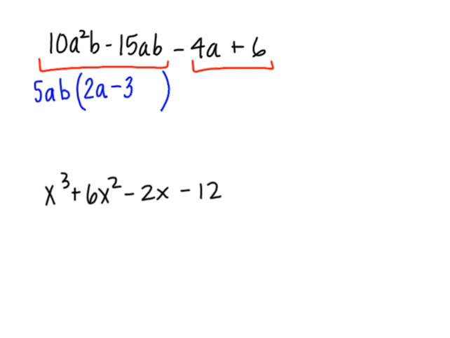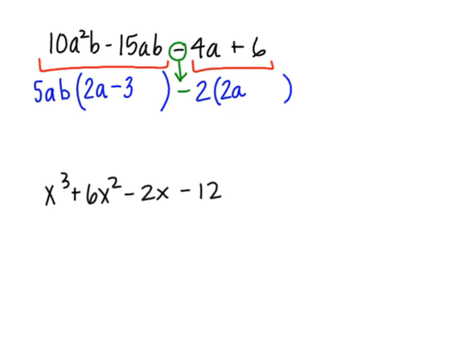In the second group, the only thing they have in common is a 2, but I have to watch my sign. Since my third sign was negative, I'm actually going to take out a negative 2. So taking out the negative would leave me with a positive 2a. And then if I take out a negative on the back, I need to get something that would give me a positive 6.